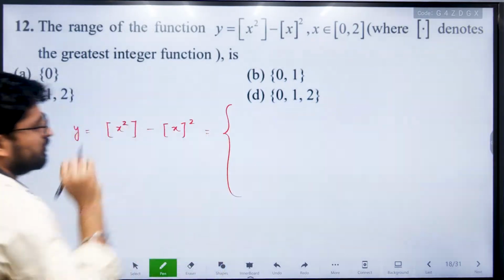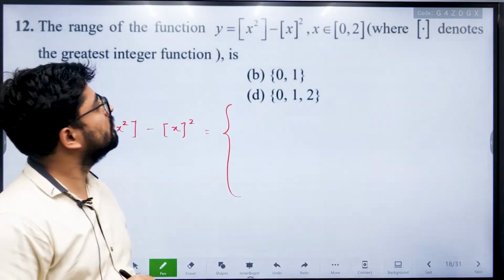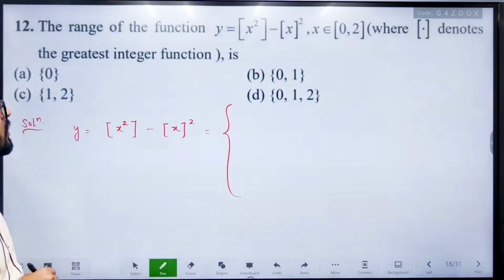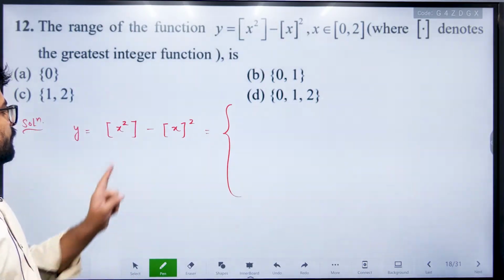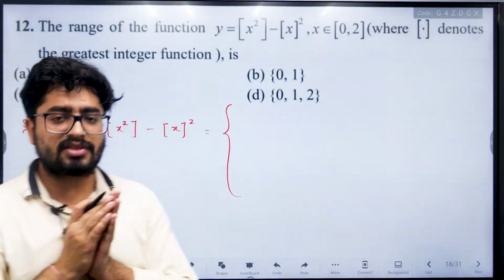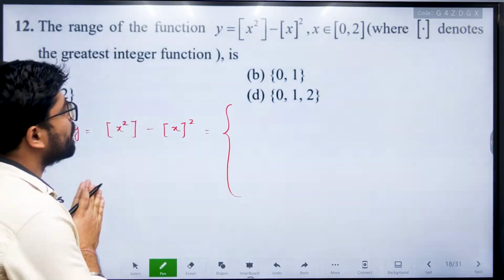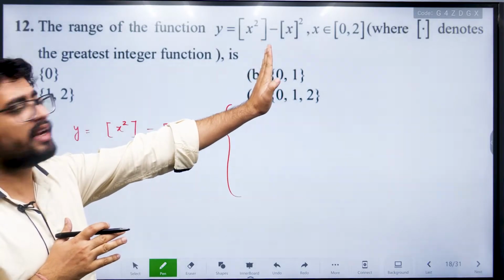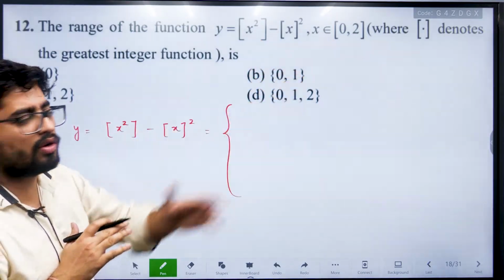If you write this function in piecewise definition, we know greatest integer changes itself at the integers, and we have to find the range in the closed interval 0 to 2.